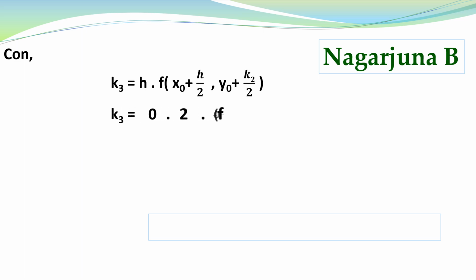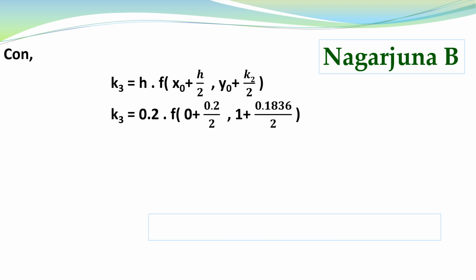Consider k3 equal to h into f of x0 plus h by 2 comma y0 plus k2 by 2. We know the value of h, x0, y0 and k2. Substitute those values. Therefore, we can write k3 equal to 0.2 into f of 0 plus 0.2 by 2 comma 1 plus 0.1836 divided by 2.